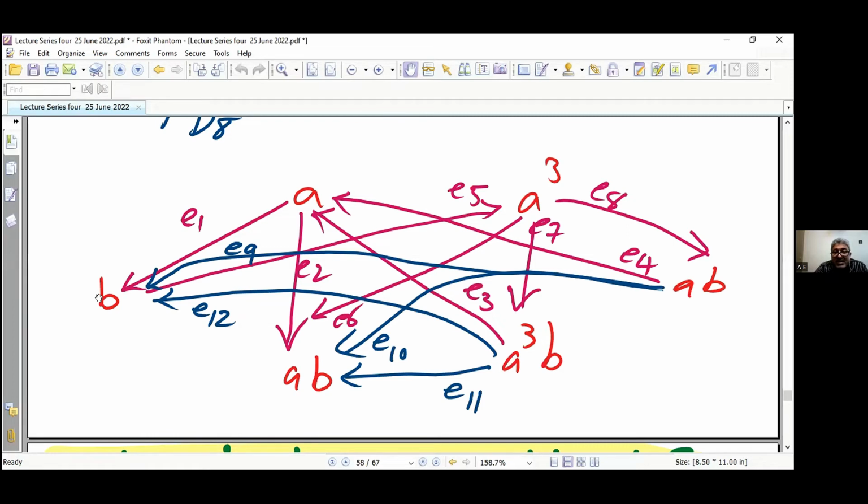E1 and E10 is 0 because there is no intersection. E1 and E11 is 0. E1 and E12 again is 1 because B is the intersection, and both are coming in.